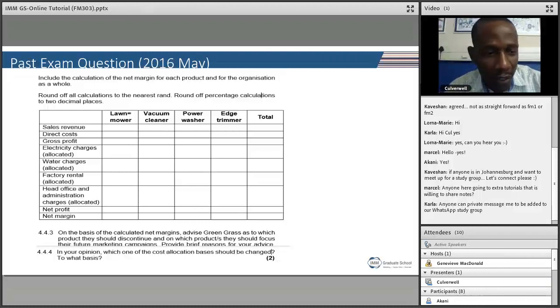Is there someone, guys, with a specific question on how I conducted this calculation, specifically on allocation using activity-based costing? How we allocated our indirect cost to these products? Any questions on that before we move on to learning unit 5?